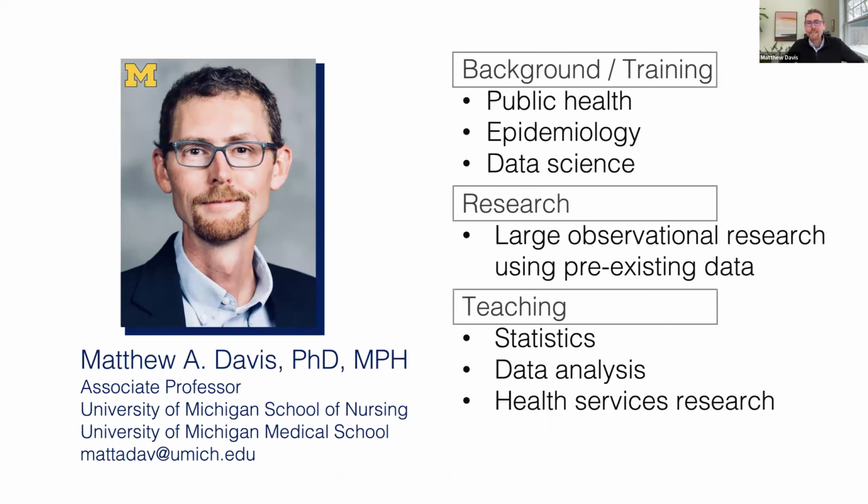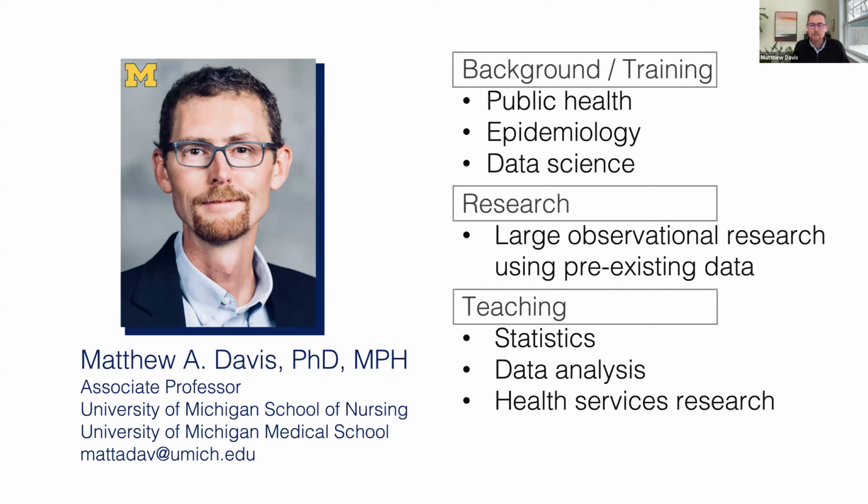As Megan mentioned, my name is Matt Davis. I'm at the School of Nursing, which is my primary appointment. In terms of my background, I did an MPH, heavily focused on epidemiology, and my scientific background specifically is in data science. My entire career, though, I've always used pre-existing sources of data to conduct large observational studies, and I followed very much the typical pathway in academic research.